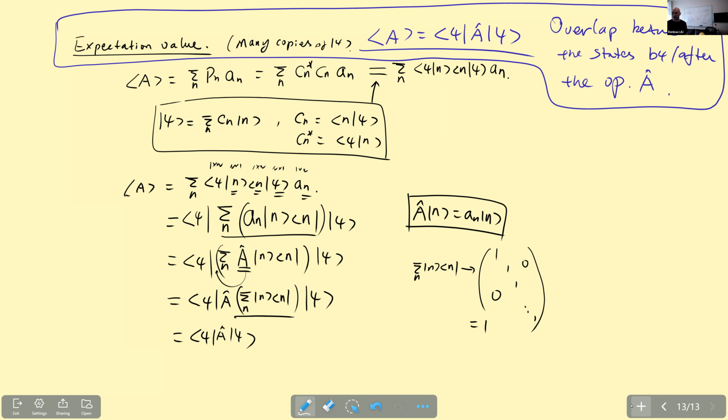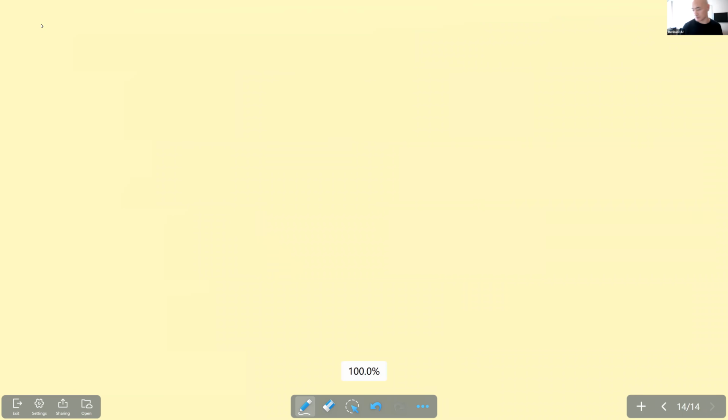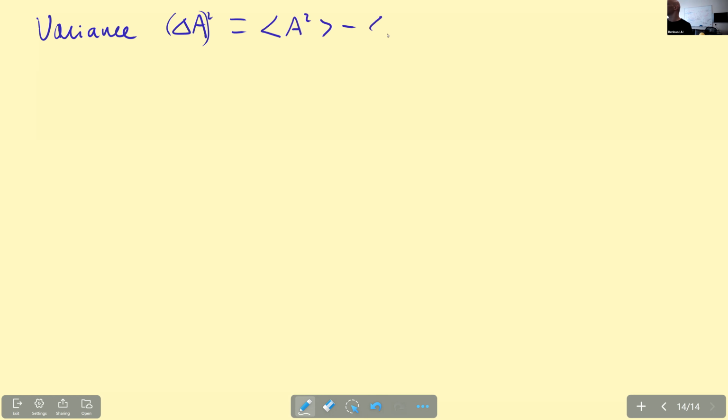And similarly, you can calculate the variance. This one actually equals ⟨A²⟩ minus ⟨A⟩². The result is actually ⟨ψ|A²|ψ⟩ minus ⟨ψ|A|ψ⟩ squared.